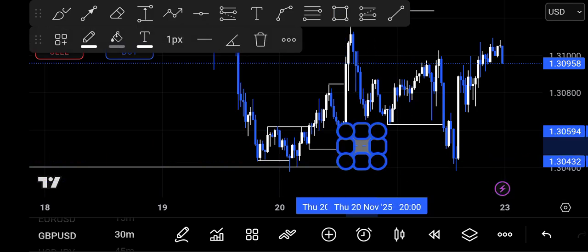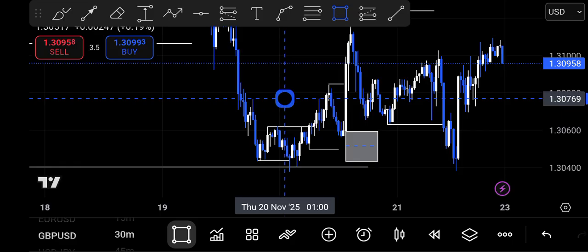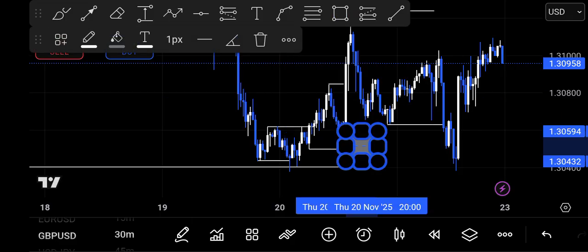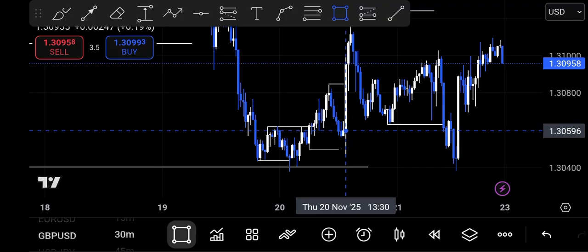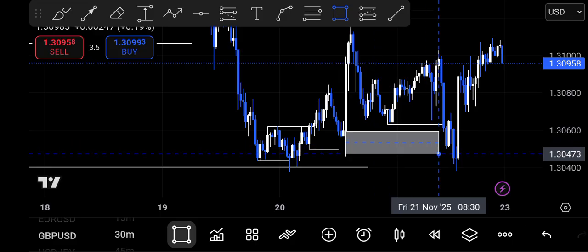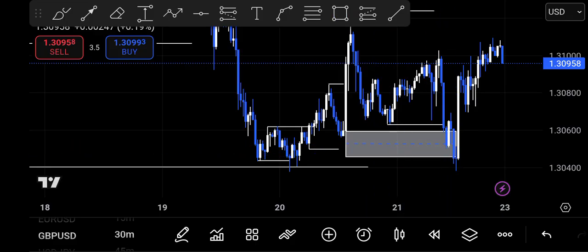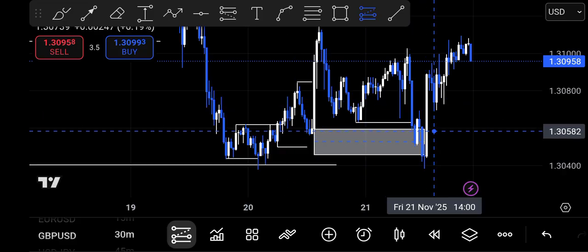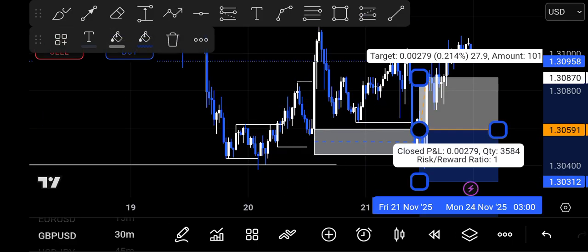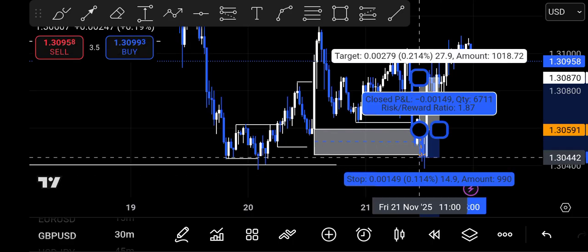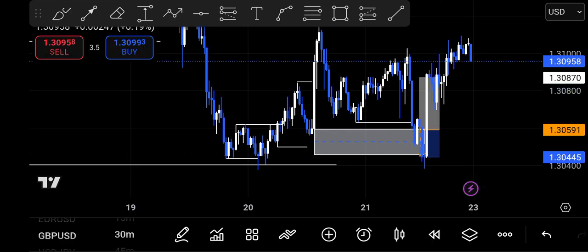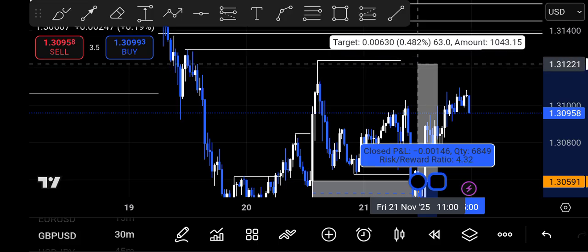Sorry, I'm having a problem with my Arsenal tools. So I use this as my POI. Then I place a buy position around here, and I put my stop loss at this protected low, because after price grabs liquidity, pushes price to the upside and also gives us inducement, there's a high probability that price will surely break structure to this inducement area.